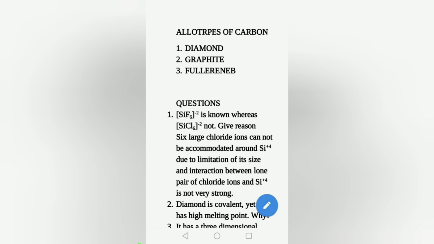Fullerene looks like a soccer ball, is also known as buckyball, and contains 20 six-membered and 12 five-membered rings of carbon atoms. Six-membered rings are fused with both six-membered as well as five-membered rings, while five-membered rings are attached only to six-membered rings.